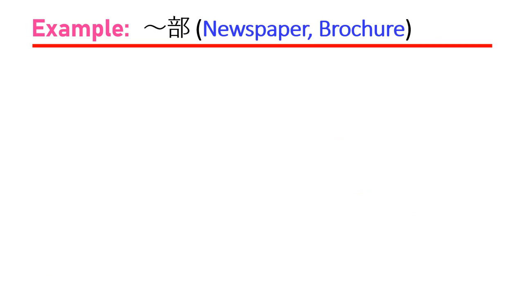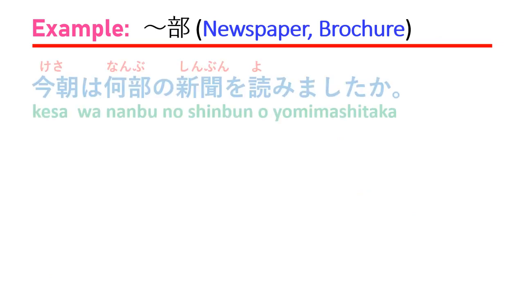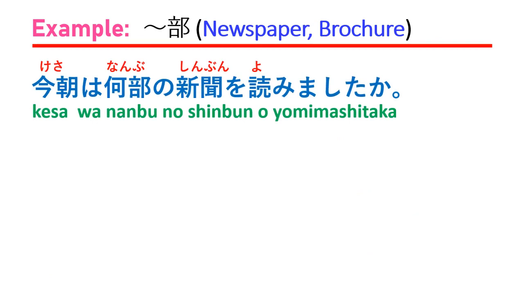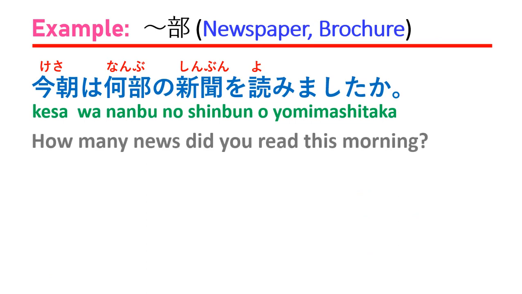Now let's see some examples of how to use the unit "bu" to count newspapers, brochures, and bound print material. The first example, 今朝は何部の新聞を読みましたか? Which means, how many newspapers did you read this morning?